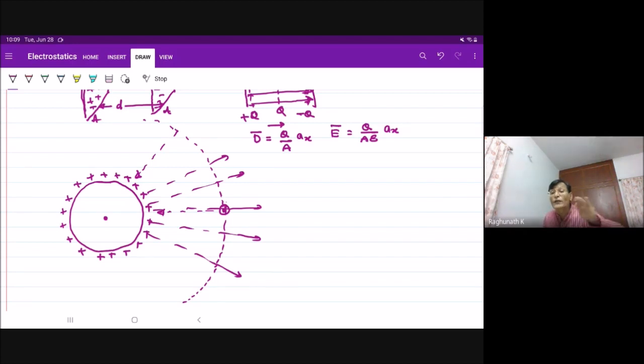You have to draw a surface which is everywhere perpendicular to the flux lines. Normal flux density only we talk about. Instead, at this point, I can consider a small spherical surface, because it is uniformly distributed over the entire sphere also.